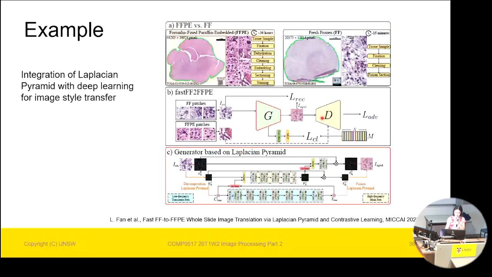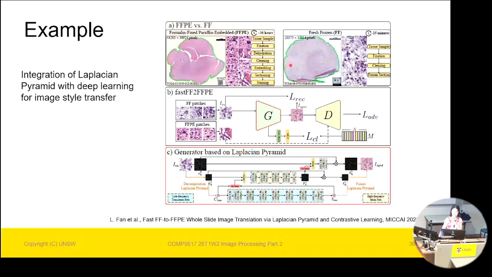Okay. Here's an example of why this Laplacian pyramid is useful even nowadays. We have a study about tissue biopsy, and you can do it in many ways. These are the two popular ways. One is smaller and more cost efficient. The other is even higher resolution.